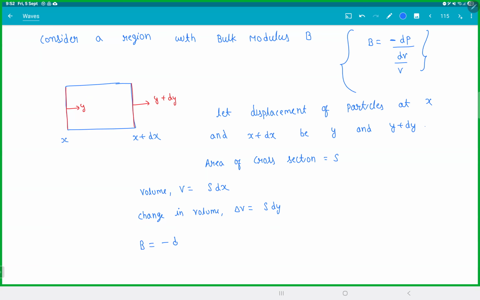Now apply this in the bulk modulus formula. We get minus dP by dV by V. So we get dP is equal to minus bulk modulus times dou y by dou x. There, that's your formula, everyone. This is the relation between pressure and y, which is the displacement of the particles.